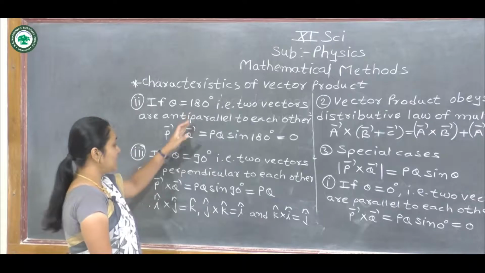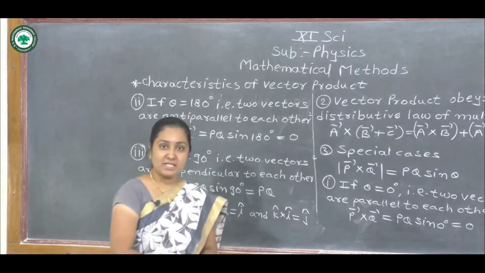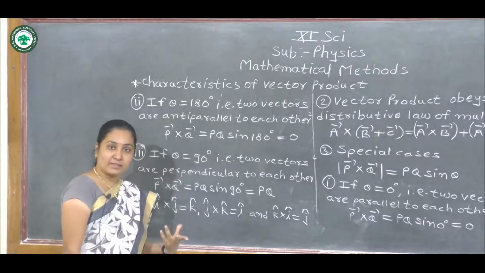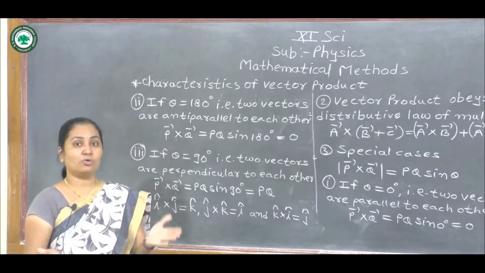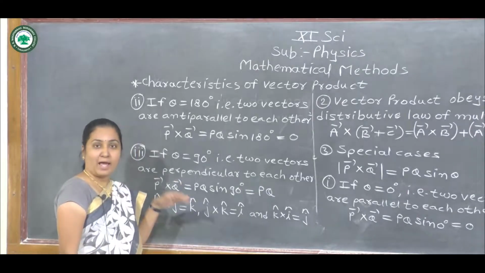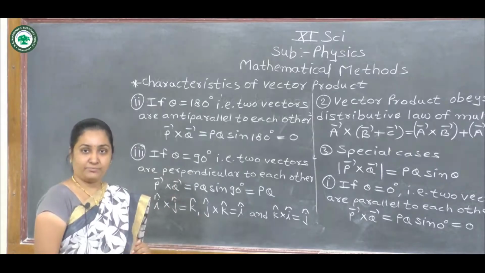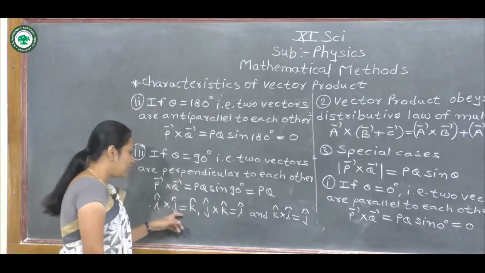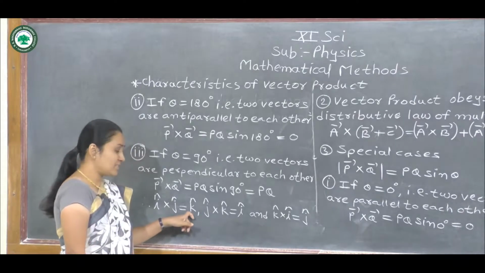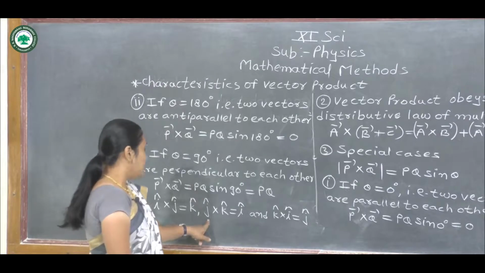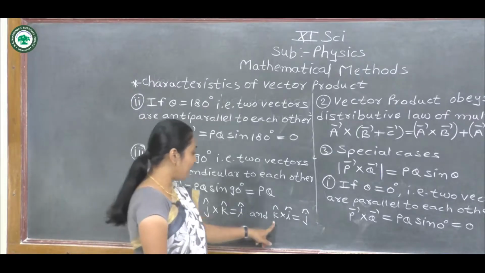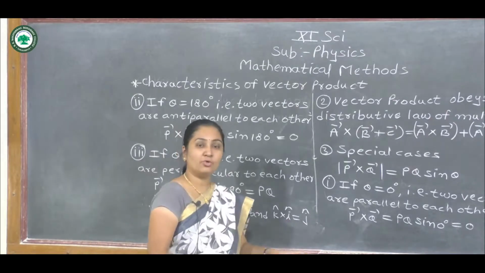So by using these three different special cases, we can see that the cross product of any two unit vectors along two directions gives the third unit vector along the third direction when taken in cyclic order. So i cap cross j cap is equal to k cap, j cap cross k cap is equal to i cap, and k cap cross i cap is equal to j cap.